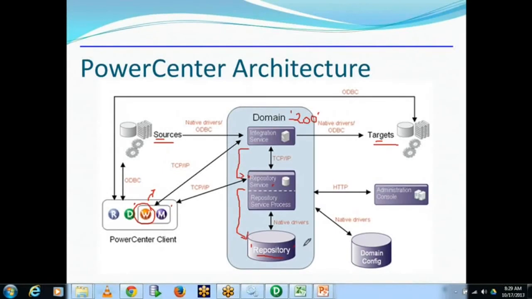Repository will give all the information related to this workflow back to the repository service, which will be sent to the integration service for doing the processing. Once that processing is over, it will load the data into the targets. So these two have their own standard steps to be followed.